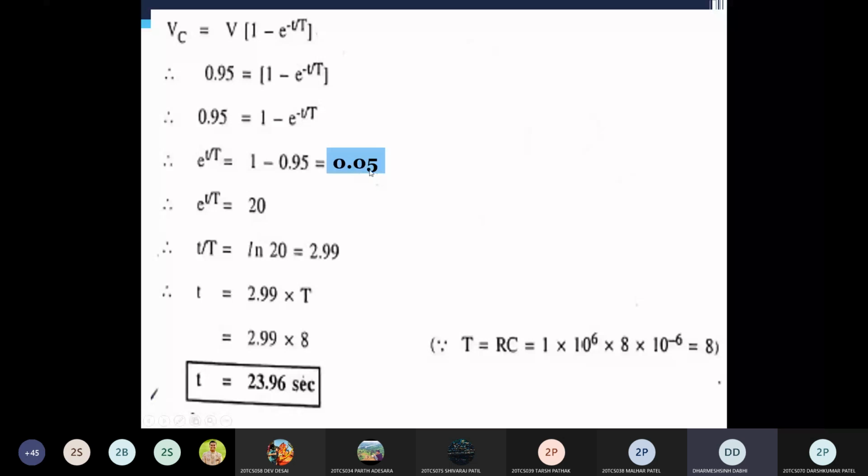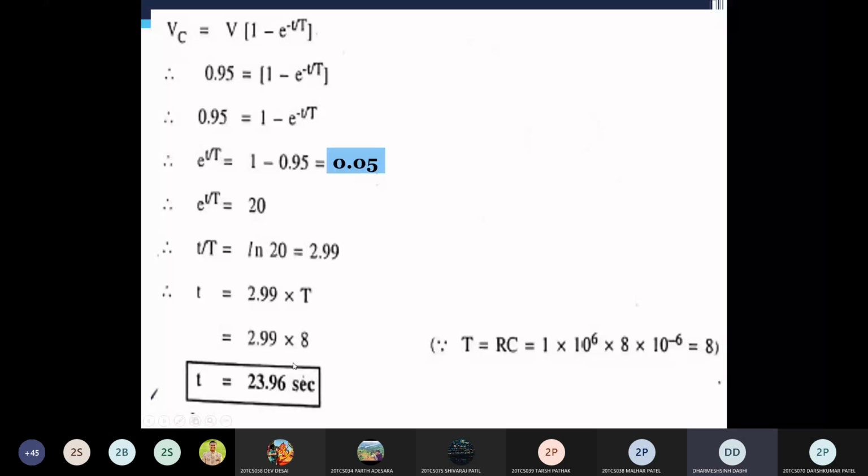This is a printing mistake here; it is minus t upon T. If you take the inverse of this, it becomes positive e raised to plus t upon T. So you require the inverse at the right-hand side also. The inverse of 0.05 is 1 upon 0.05, that is 20. Clear? So it becomes e raised to t upon T is 20. Convert negative to positive by taking the inverse. Okay, sir.